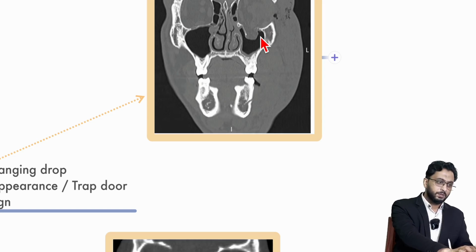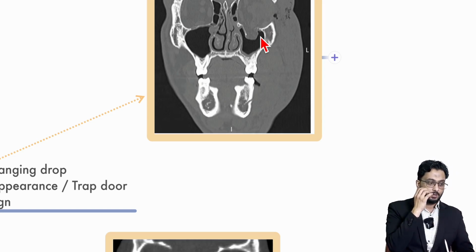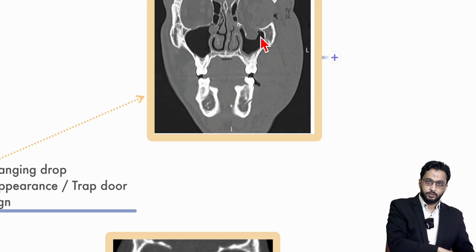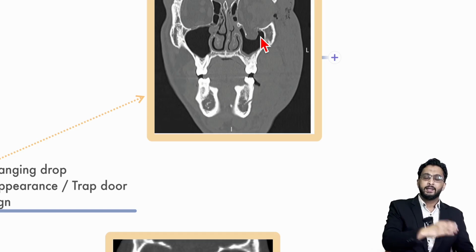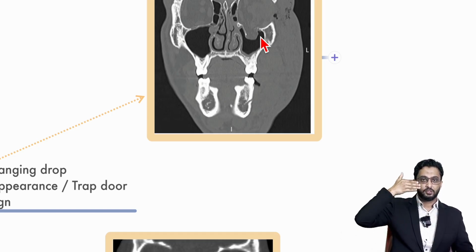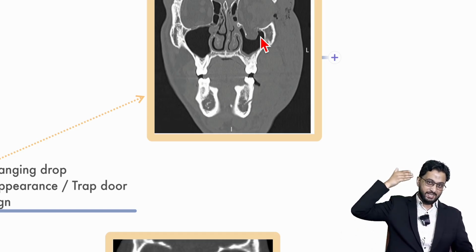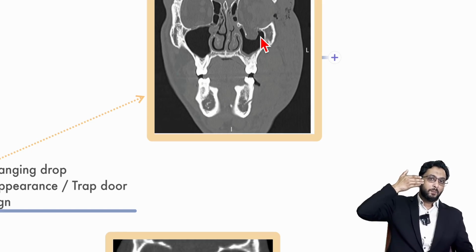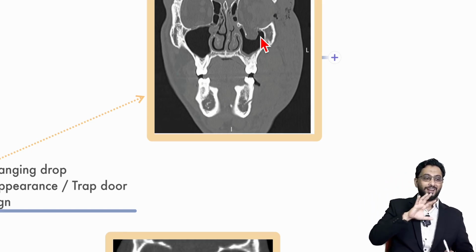Now see this particular view, you will say that the rim is fractured here. No, basically, if you're into a clinical practice of maxillofacial surgery and trauma, you get different slices of your orbit. So this is a posterior slice, beyond the rim, which is why you are seeing this.